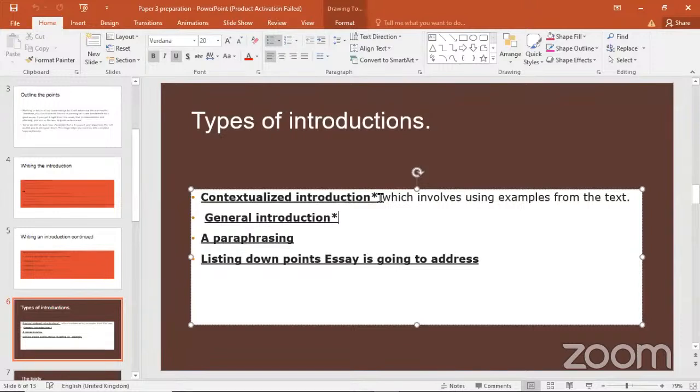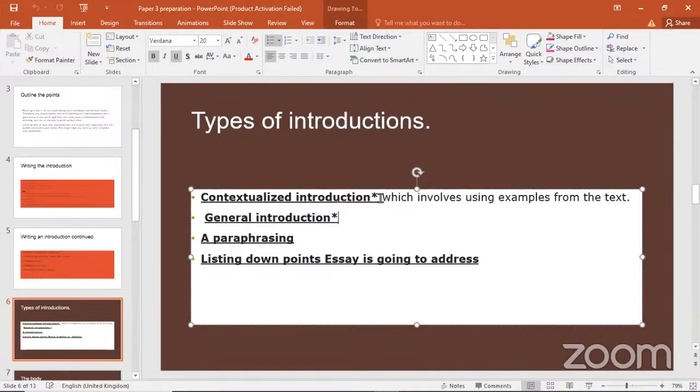The general introduction is general. It is not pegged on the text, except maybe just mentioning the name of the text. And therefore, the advantage is that even if you probably pick the wrong points in your outlining, but you understood the question correctly, you will still score two points in your introduction.